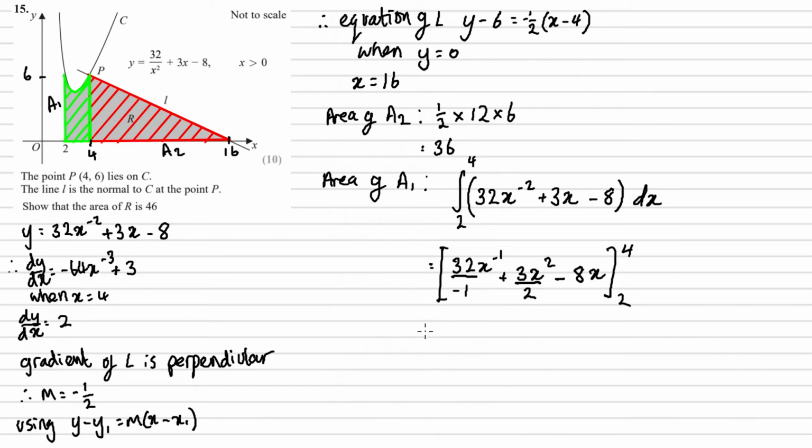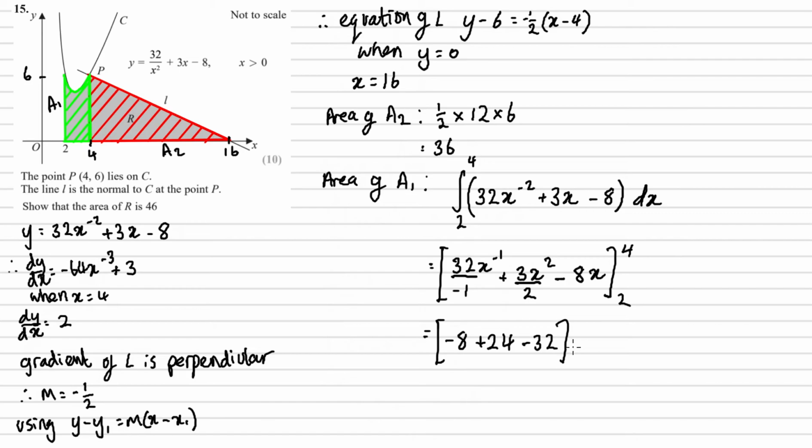Okay, so if you substitute those in, you should get 32 multiplied by 4 to the minus 1 divided by minus 1 is minus 8. 4 squared is 16. 16 times 3 divided by 2 is 24, plus 24. And then minus 8 times 4 is minus 32.